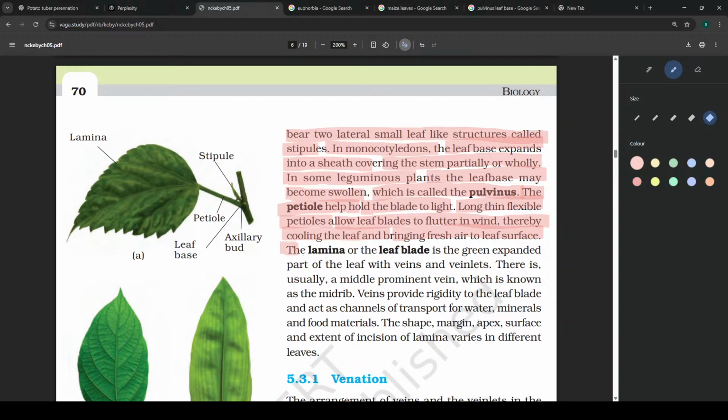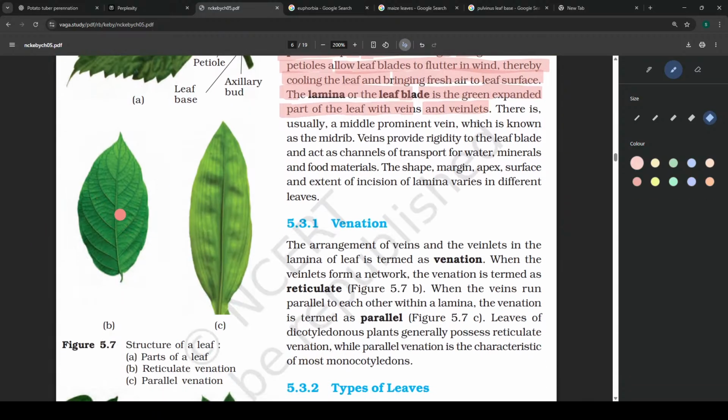The lamina or the leaf blade is the green expanded part of the leaf with veins and veinlets. If we see the leaf here, this is the typical leaf, and this whole thing is the leaf blade. And here there are specific vein-like structures. These are called veins and veinlets, and they are present in the leaf blade.